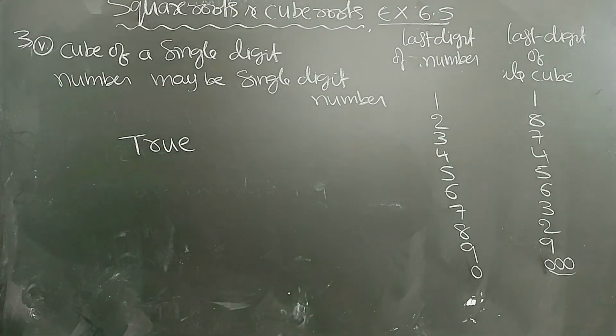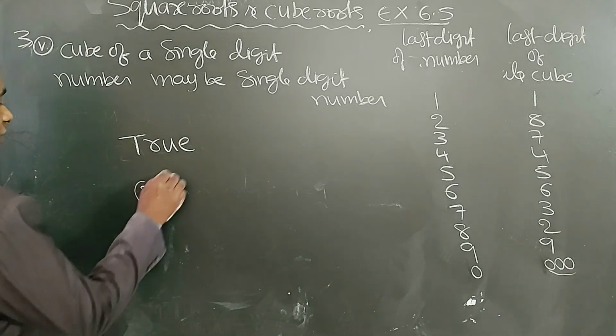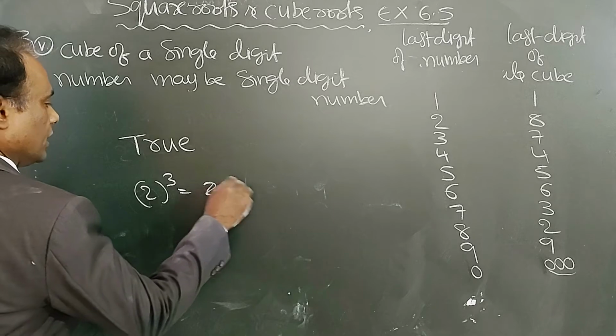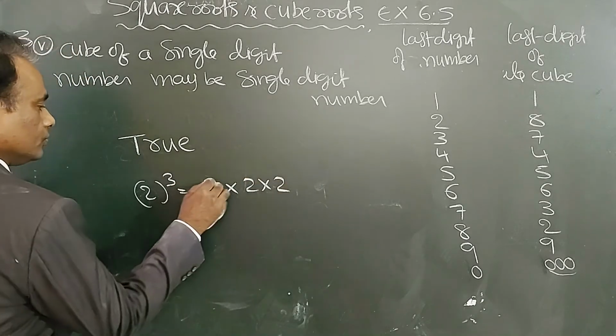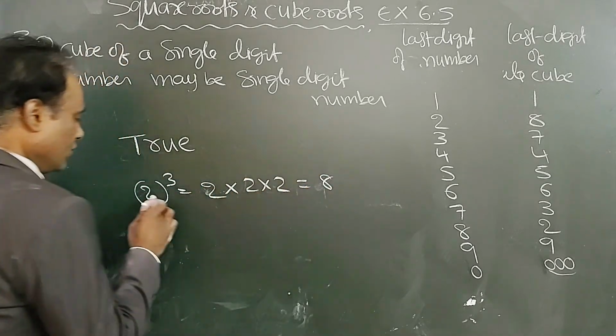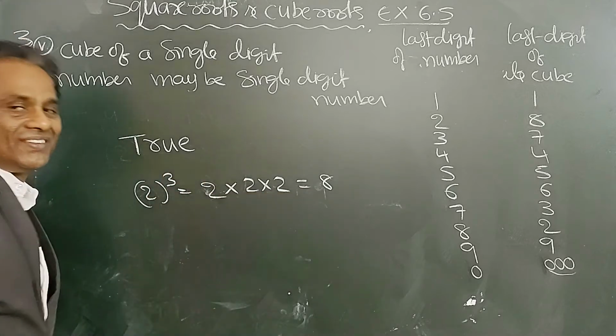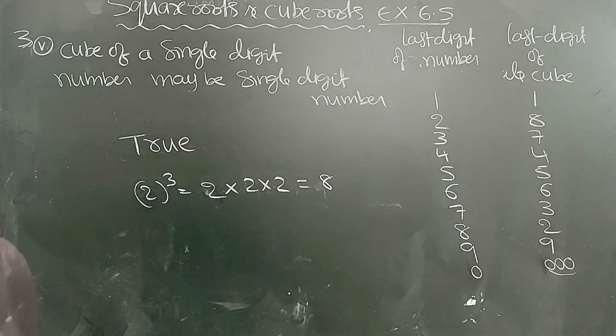Sometimes possible, sometimes not possible. For a few 1 digit numbers, the cube will be 2 digit or 3 digit. But for a few, it is 1 digit. Because 2 cube is 2 into 2 into 2. This is a 1 digit number, its cube also a 1 digit number.